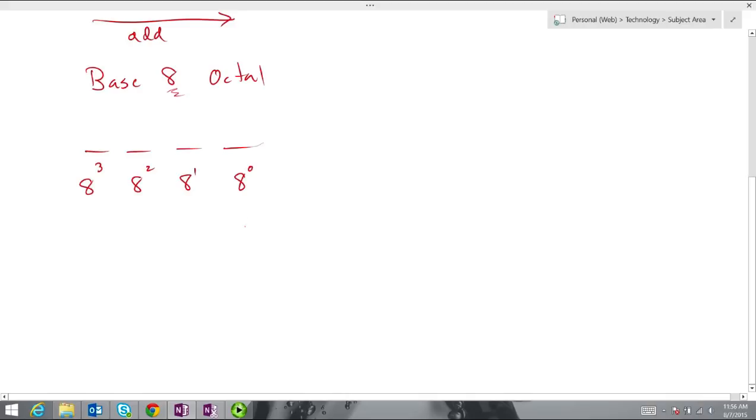So 8 to the 0th power is 1, 8 to the first power is 8, 8 squared is 64, and 64 times 8 is 512. So these are my places: the 1's place, the 8's place, the 64's place, and the 512's place.